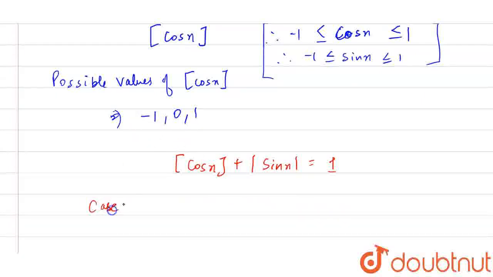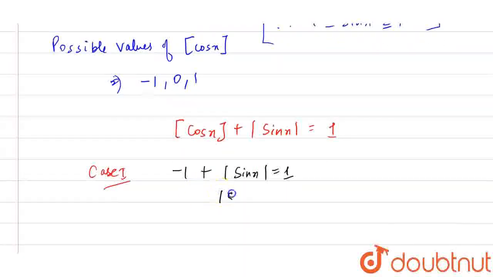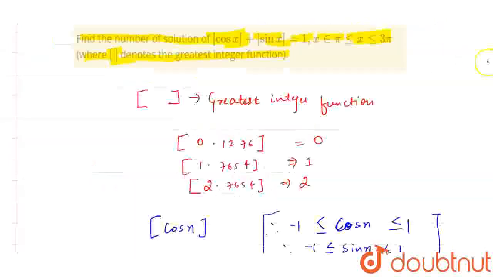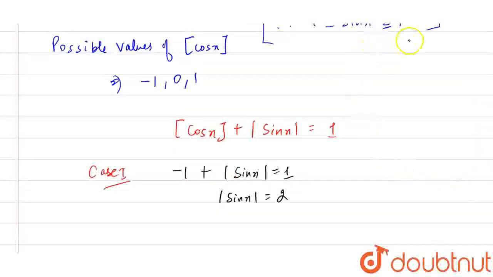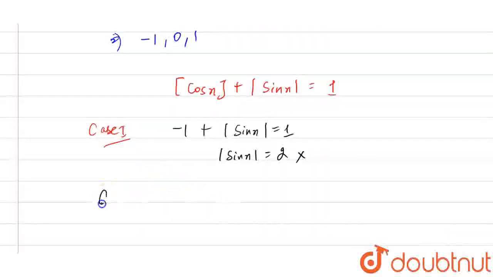Case 1: this becomes minus 1 plus mod of sin x equals 1, so mod of sin x equals 2. But the range of sin x is between minus 1 and 1, and here the value we get is 2, which is out of range, so we cannot get any solution.